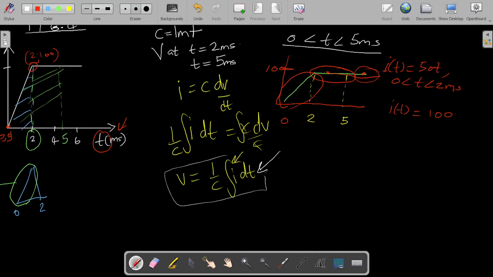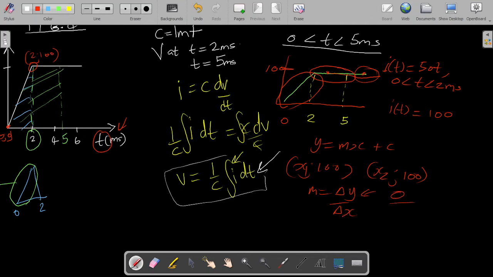But it doesn't really matter anyway, because if you try to find the gradient across that line, you can choose any points that you want. Because the y values are the same, the y value will still be 100 milliampere. So you have an x value, let's call it x1, and another point that you pick on the line. Now, if you find the gradient, change in y divided by change in x, the change in y at the top will give you 0. And at the bottom, it doesn't matter what you have, the result of your gradient will just be 0.